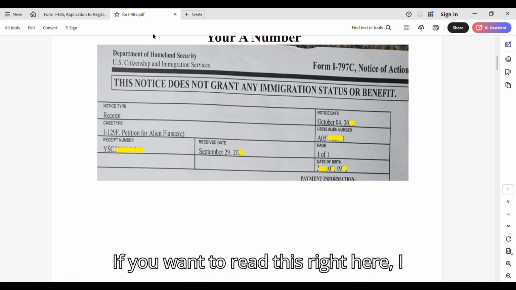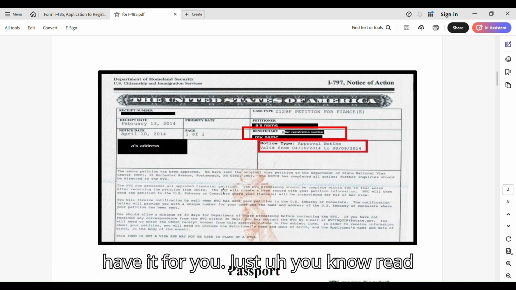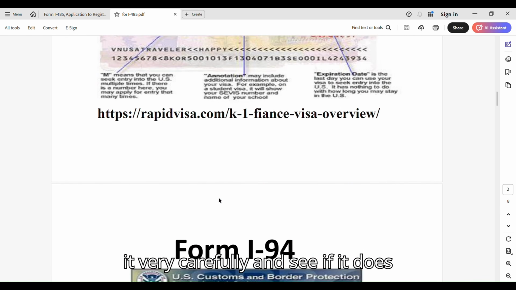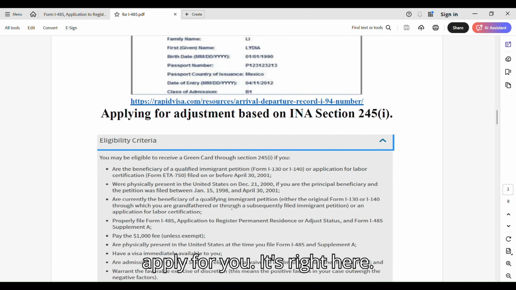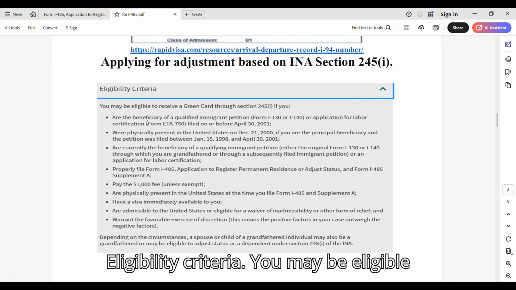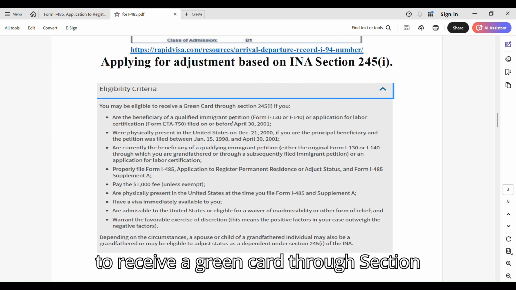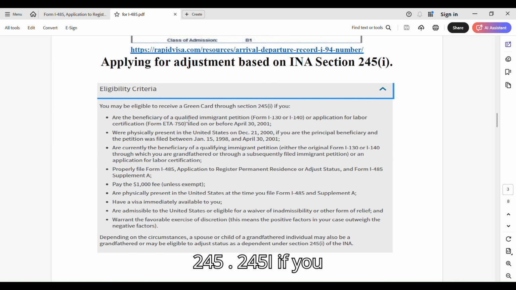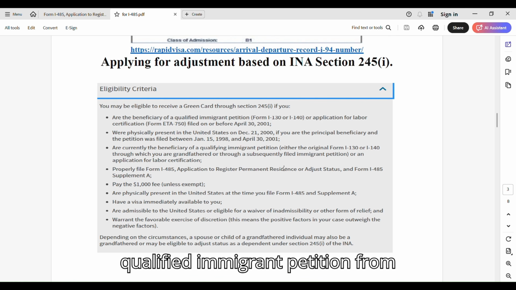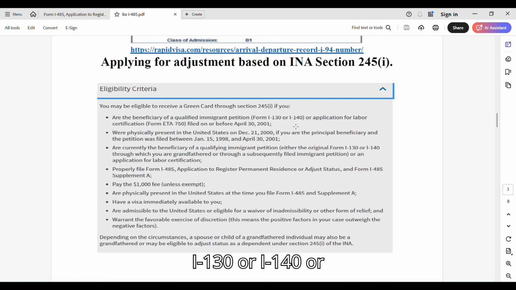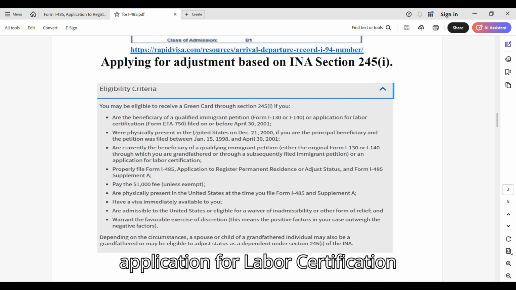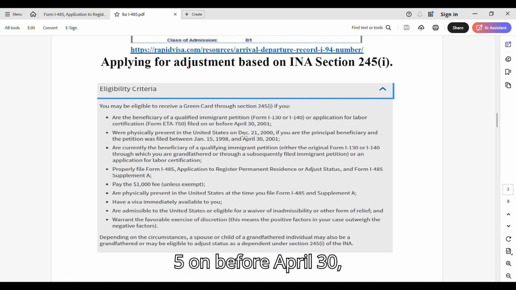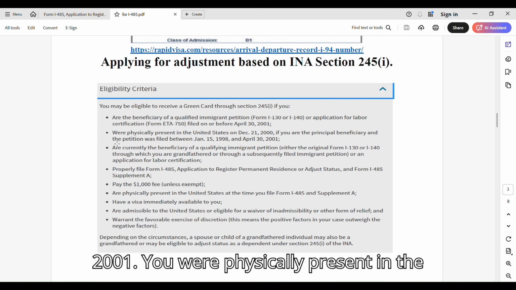If you want to read this right here, I have it for you. Just read it very carefully and see if it does apply for you. It's right here. Eligibility criteria. You may be eligible to receive a green card through Section 245I if you are the beneficiary of a qualified immigrant petition from I-130 or I-140 or application for labor certification filed on or before April 30, 2001.